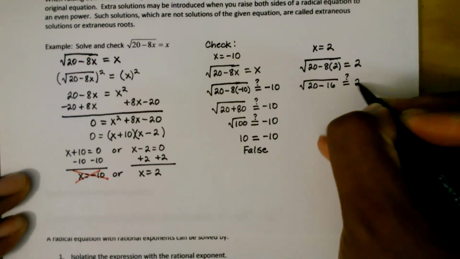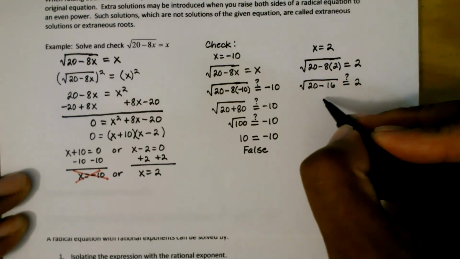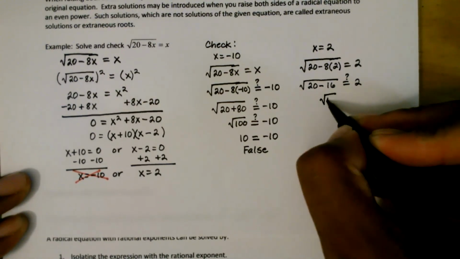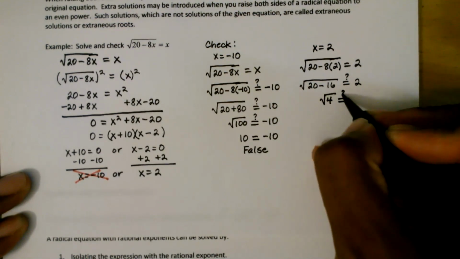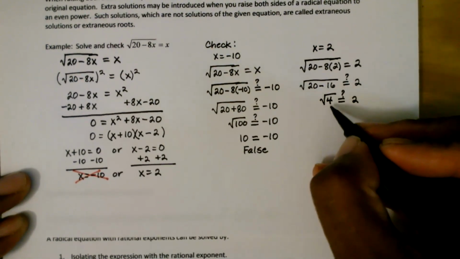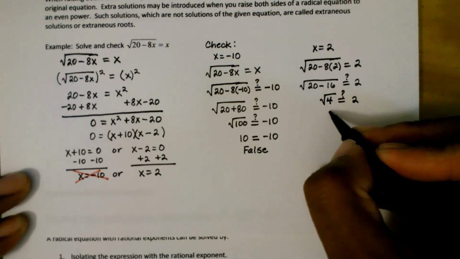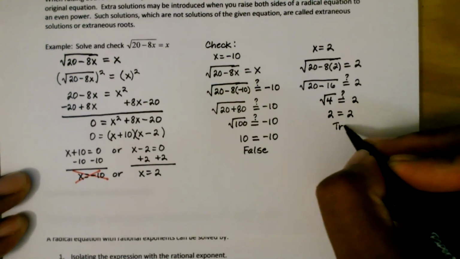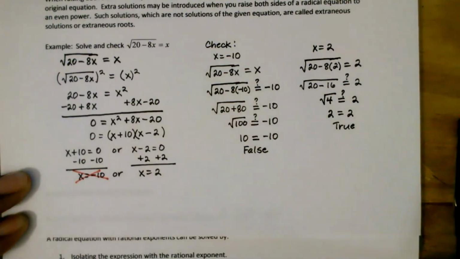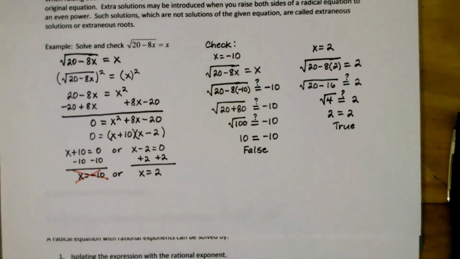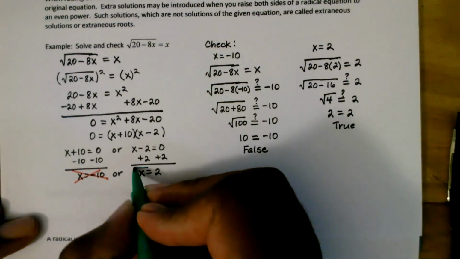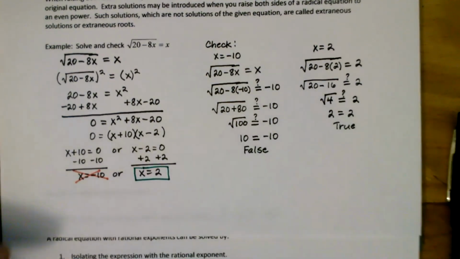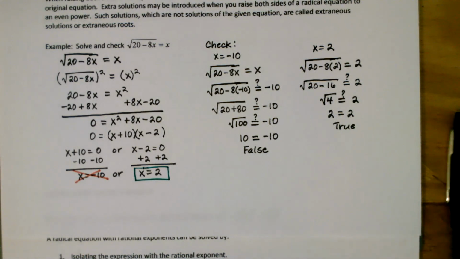Want to know if that's going to be equal to positive 2. Well, 20 minus 16 is 4. So is the square root of 4 equal to 2? Well, if I take the square root of 4, that would be 2. That is equal to 2. So this is a true statement. So in this case, x equals 2 is the solution to that radical equation.